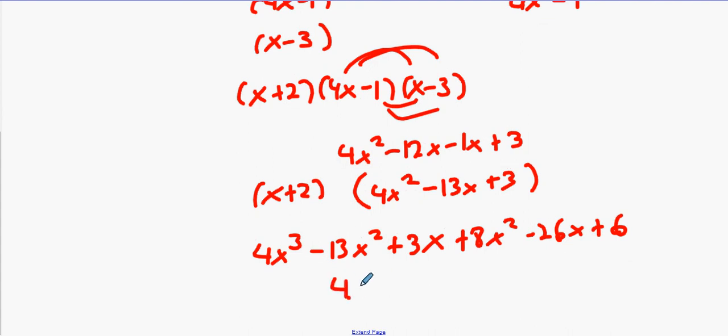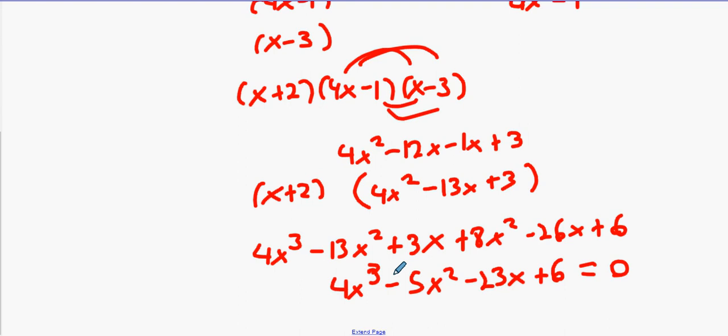Now what do we get here? 4x cubed minus 5x squared minus 23x plus 6 equals 0. Did anybody get that?